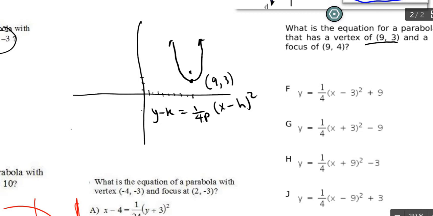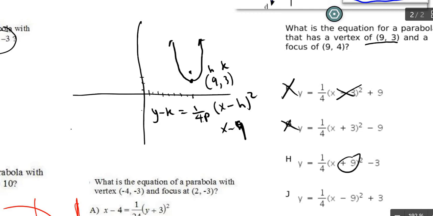Let's do the elimination process. Our h is 9, our k is 3. So we know that x minus 9 must be in our answer, because that's the vertex. This one has x minus 3, so that's wrong. This one has x plus 3, that's wrong.